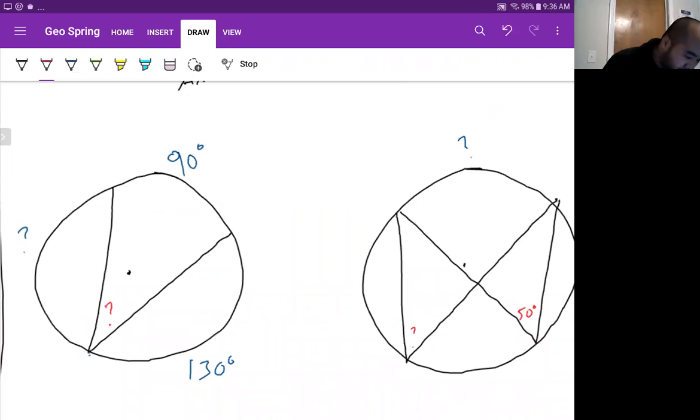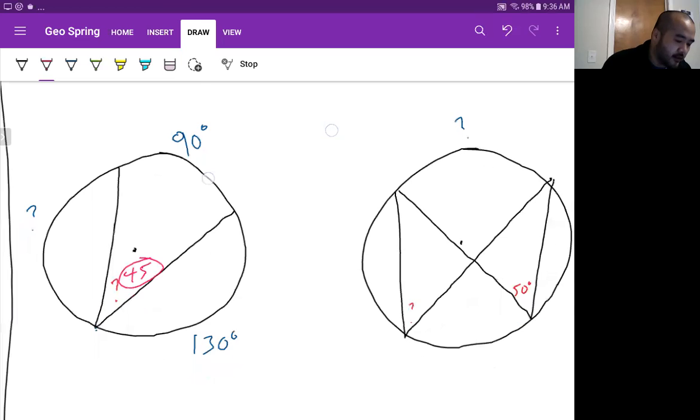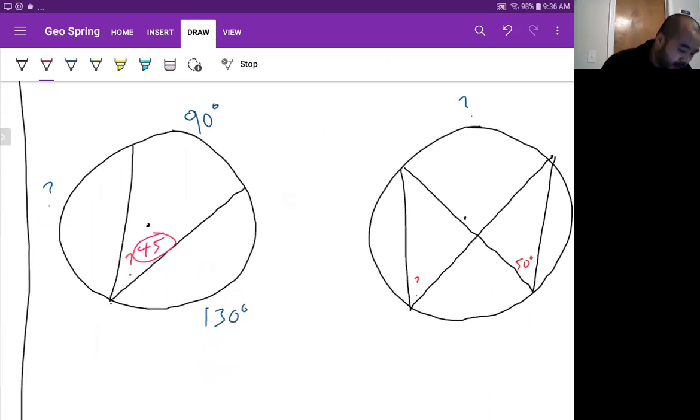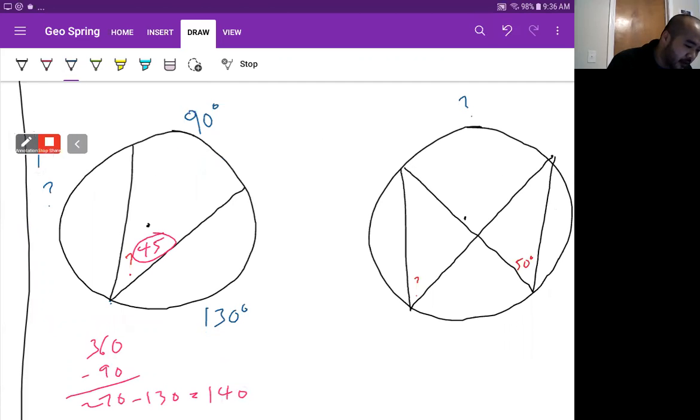So this is 45. And then to find this other angle here, you do the other arc: 360 minus 90 is 270. Minus 130 is 140. So this other one here is 140.